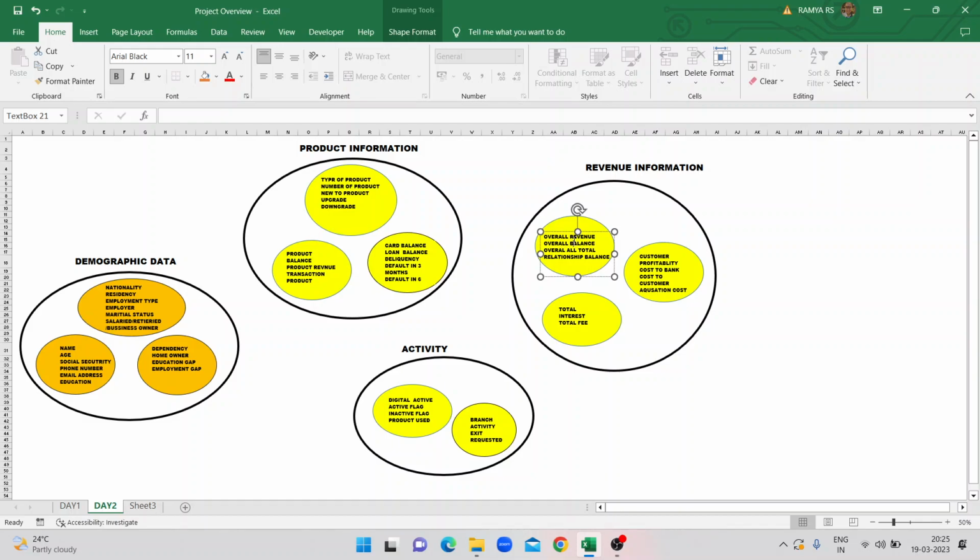Now we come to the final component, that is activity. We need to track the activity of the customer in order to get any kind of behavioral data, and to understand and strategize that this customer could be put in this segment, this customer could be put in this product. Let's say I have a customer who is highly active digitally, with a lot of transactions through digital platforms.